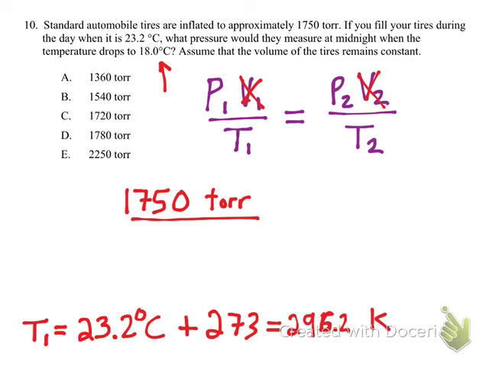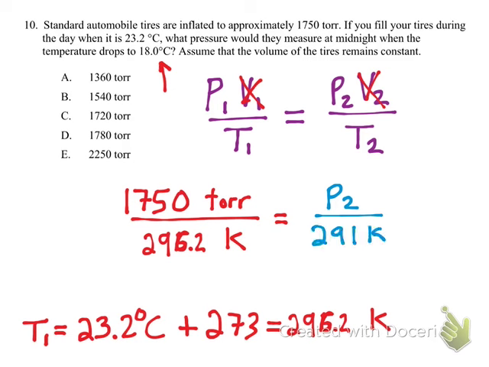And we'll set that equal to P2, which is what we're solving for here, over temperature 2 in Kelvin, which is 291 K. So multiply both sides by 291, and we'll end up getting P2, which is 1720 torr.